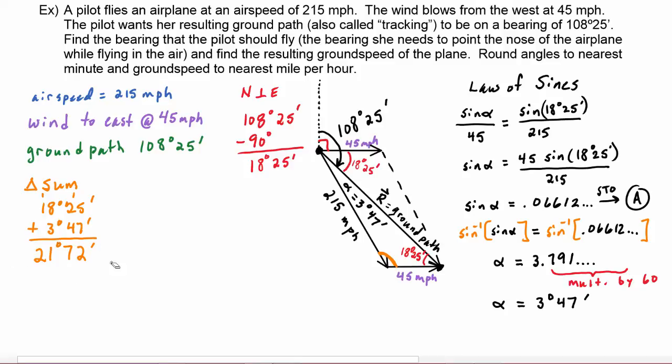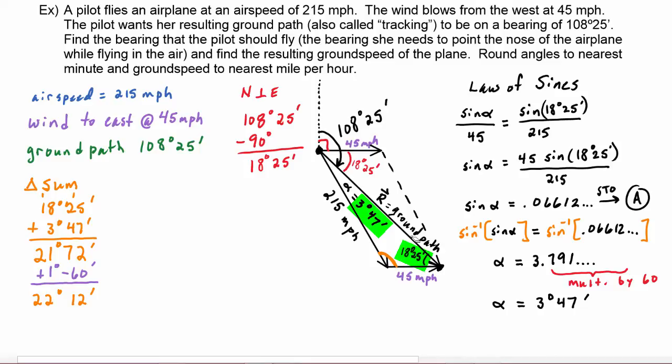Now we can't leave this answer like this because we have more than 60 minutes. So we've learned that we're going to subtract 60 minutes from this and add 1 degree here. So this becomes 22 degrees, 12 minutes. Now that's the sum of these two angles of the triangle.